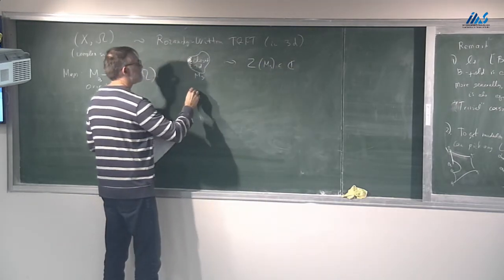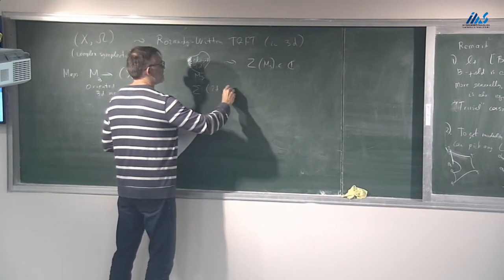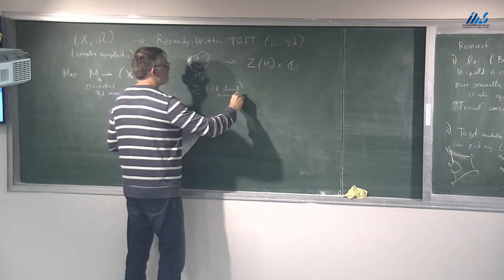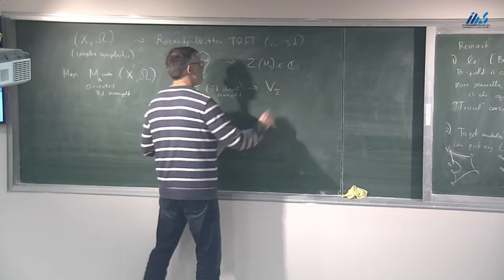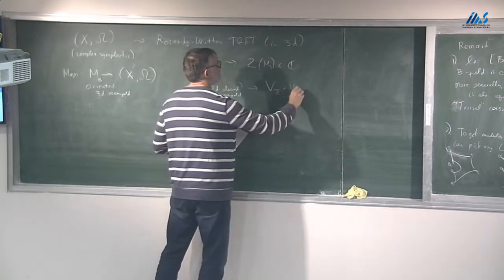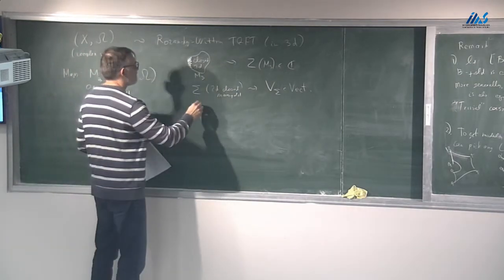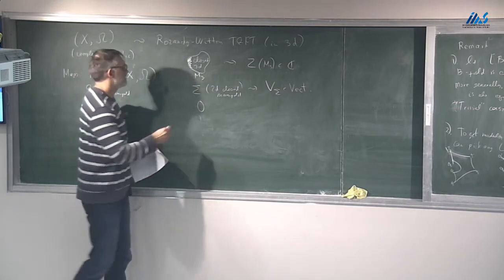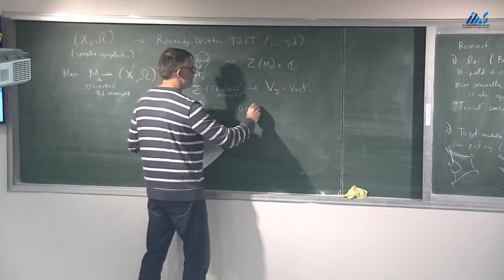And when you have a closed 2D manifold, it attaches a vector space. And when you have a closed one-dimensional manifold, which you can just reduce to the case of a circle, it attaches a braided monoidal category.